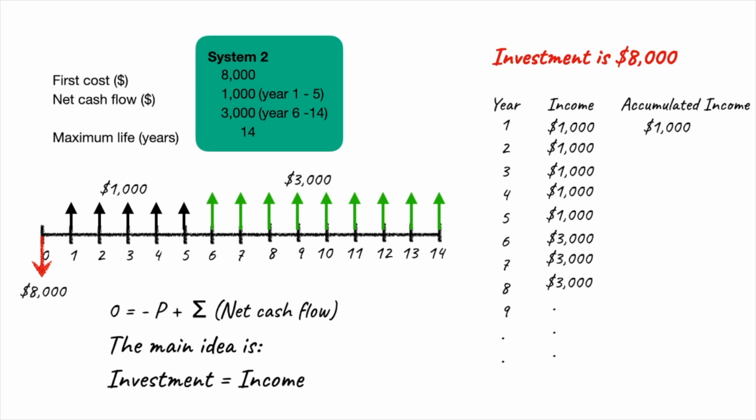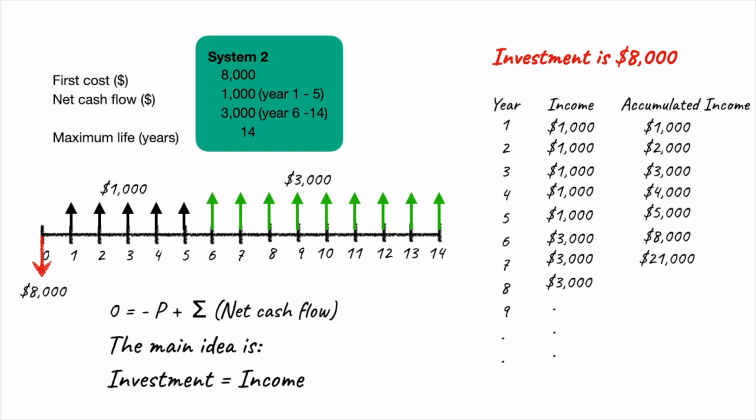During the second year, you collect another $1,000, but remember you already collected $1,000 in year 1, so you have to total up these two incomes. 1,000 plus 1,000, you get an accumulated income of $2,000 in the second year. On the third year, you add another $1,000 to the $2,000 from years 1 and 2, and you get $3,000. And so on. So you fill up this table accordingly.